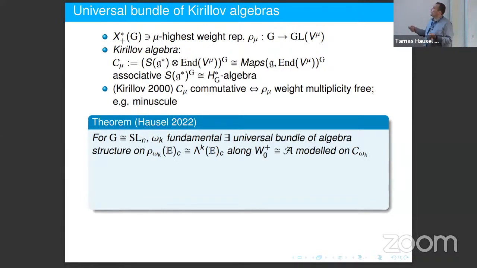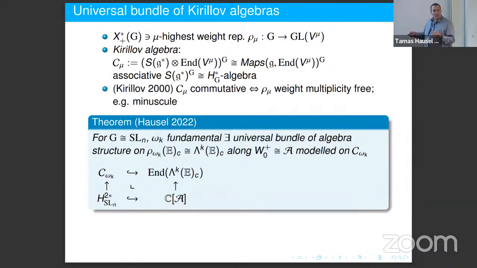And you can use the Kirillov algebra to build a bundle of algebra structure on this. That means that at every fiber along the Hitchin section, you want to define a multiplication. This can be done first by defining some matrices, namely you just take naively an element in the Kirillov algebra, which is a map from g to the matrices, and then map the Higgs field we have at that point to this one, and then we will get a matrix.